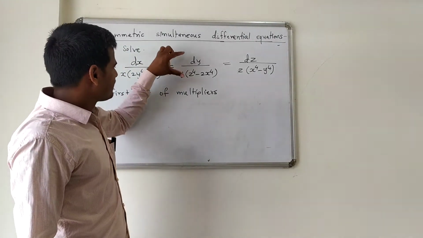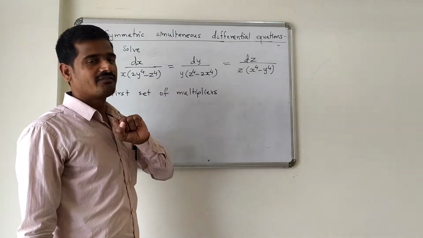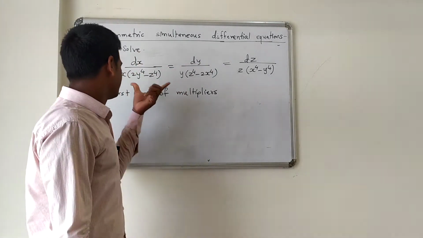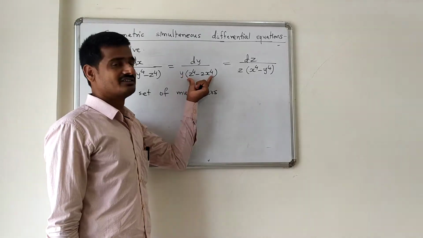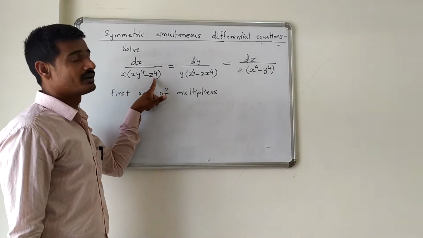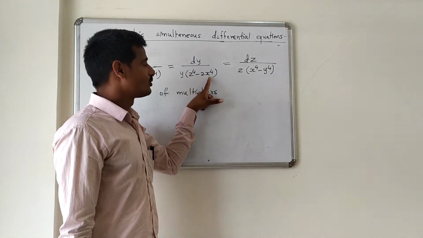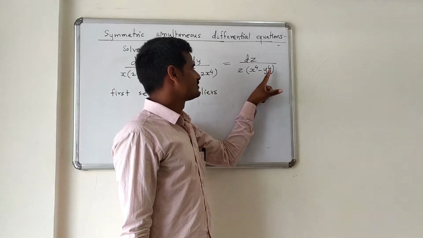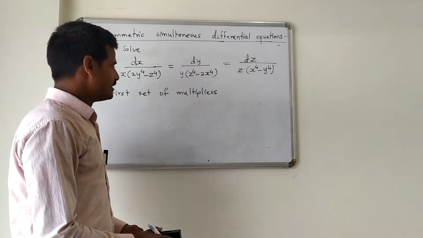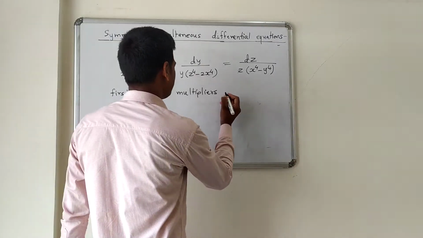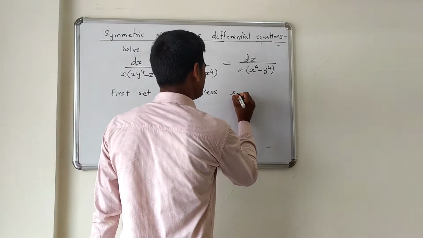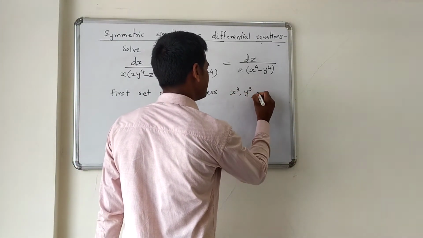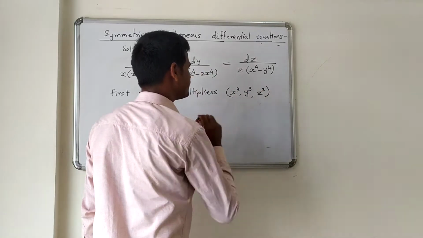Now how do we recognize that this example requires the method of multipliers? Because the denominators here are in cyclic order: 2y^4 minus z^4, z^4 minus 2x^4, and x^4 minus y^4. So I will choose the first set of multipliers as x cube, y cube and z cube.